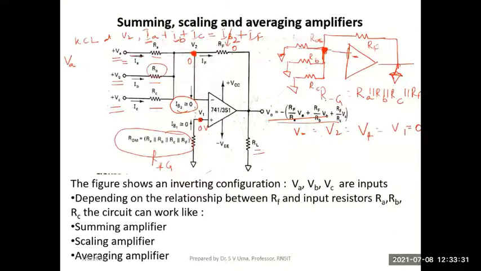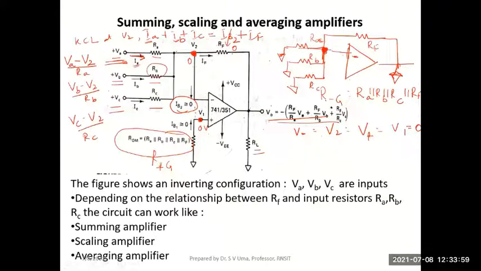Since the current is flowing in this direction, this end is more positive when compared to the other end. VA minus V2 divided by RA is equal to the current IA. Similarly, VB minus V2 by RB is the current IB and VC minus V2 by RC is the current IC.